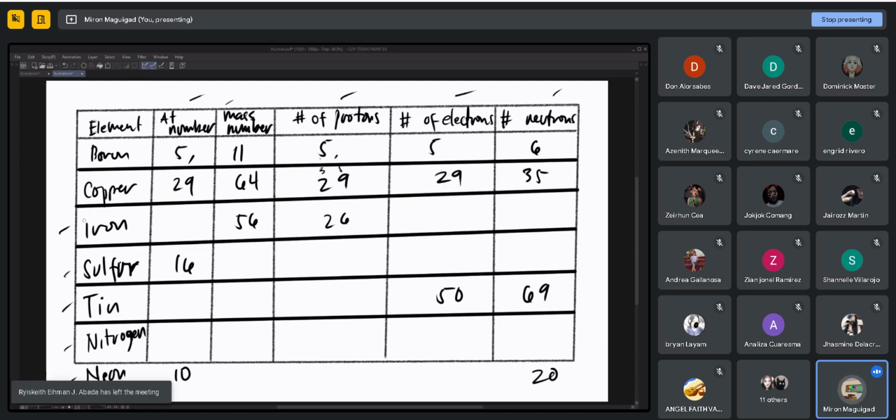Meron pa po bang question? Anong element po? Yes, number of protons po ito. Ulitin ko lang: atomic number, mass number, number of protons, number of electrons, and number of neutrons. Thank you.